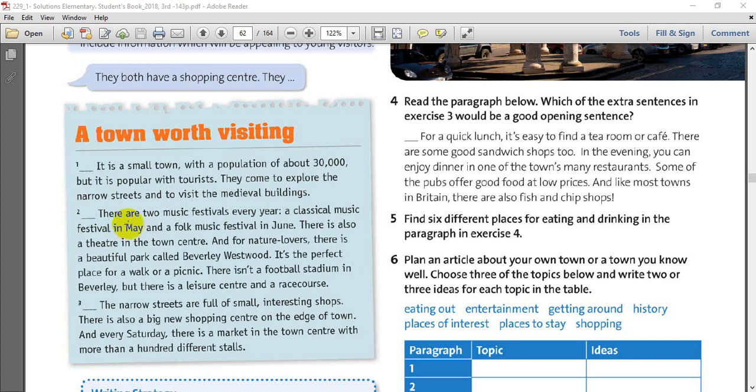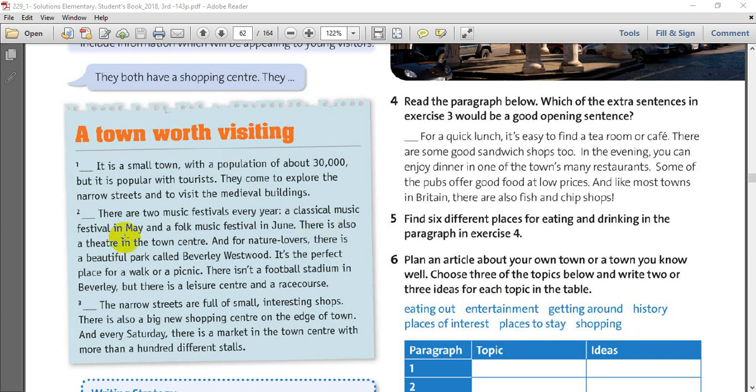Number 2, there are 2 music festivals every year. A classical music festival in May and a folk music festival in June.